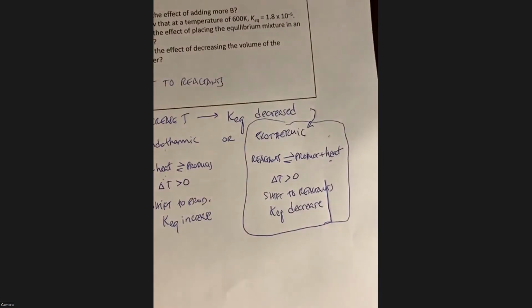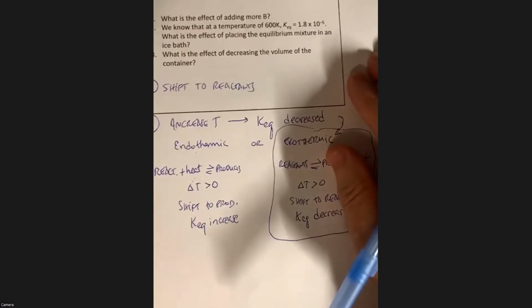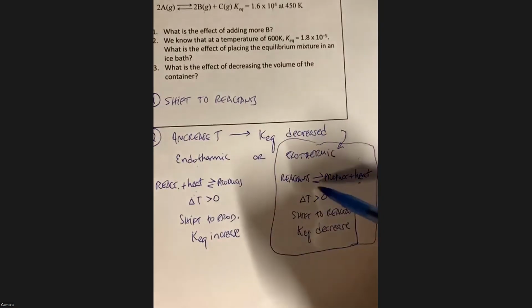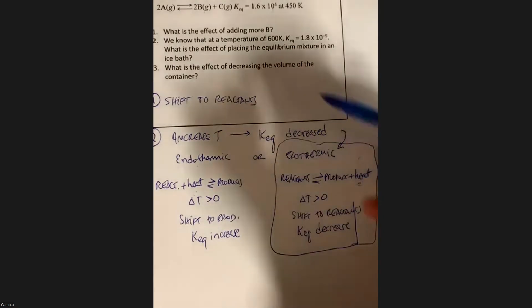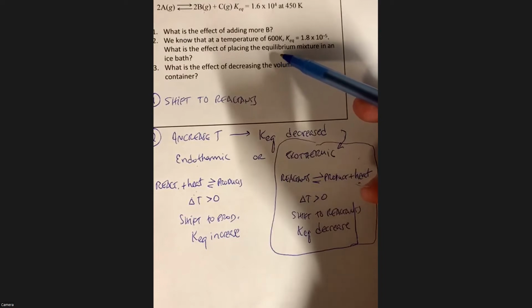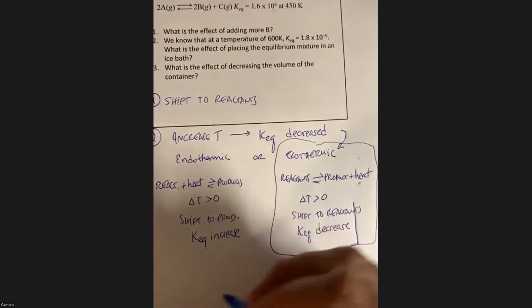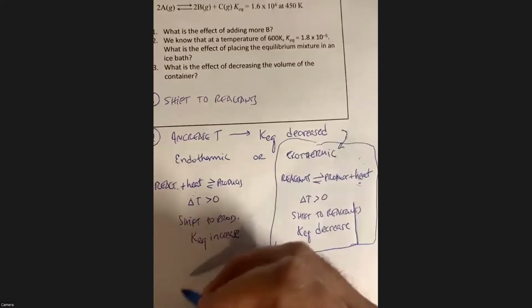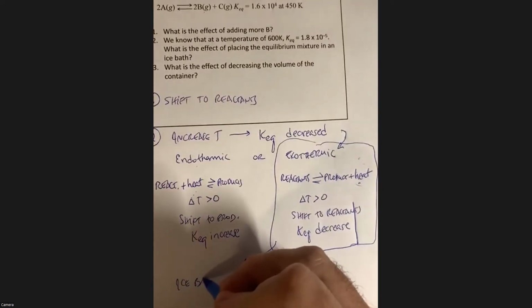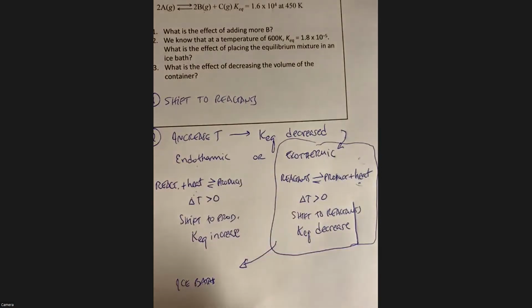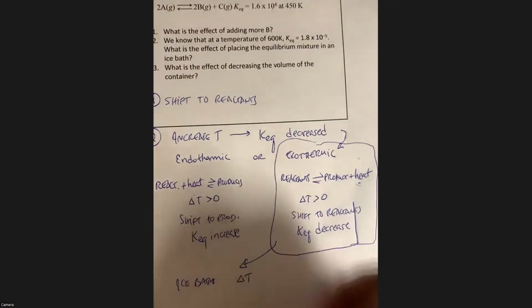Always remember that when we say this reaction or this equilibrium, it's whatever way it's written. So that means that in this case, heat is on this side. So what happens then if I put the equilibrium mixture in an ice bath? Which way is the temperature changing?